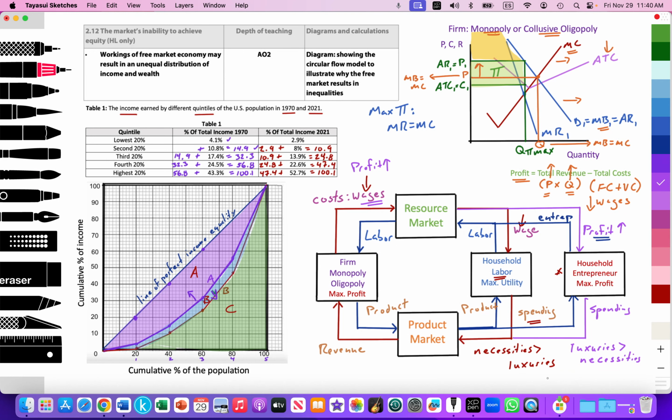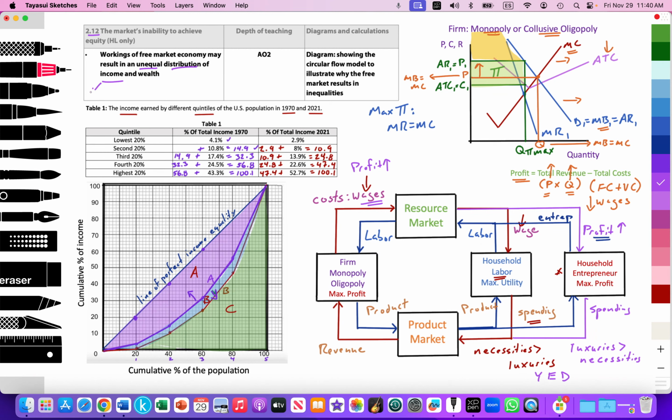And then we can connect that to income elasticity of demand within microeconomics, and I have other videos to explain that. So I'm hoping that in this video we're able to understand what the IB is requiring us to do here for 12.12. Workings of the free market economy may result in an unequal distribution of income.